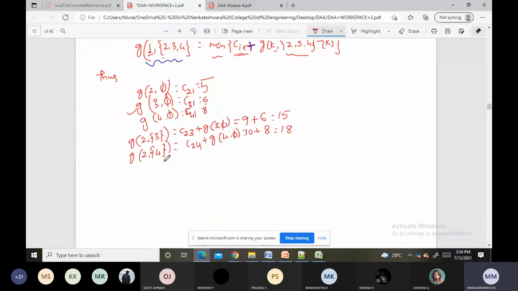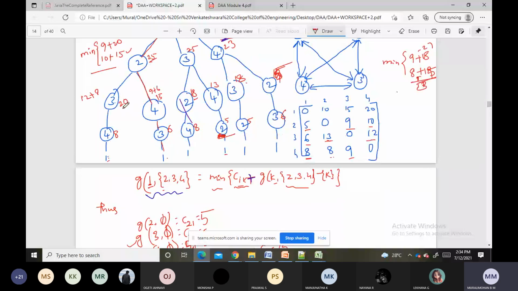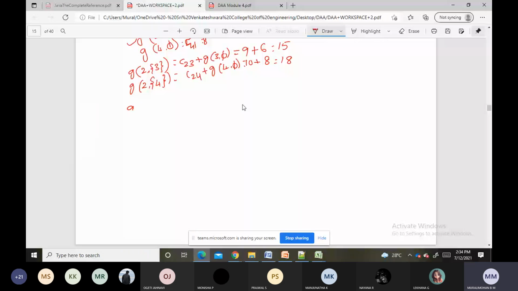If you are concerned with 3, to 4 we should go, again 3 to 2 we should go, right? So these two also you can calculate. 3 to 2 is 1. Similarly, it is 3 to 4, we should calculate this one. So similarly, what should we calculate?